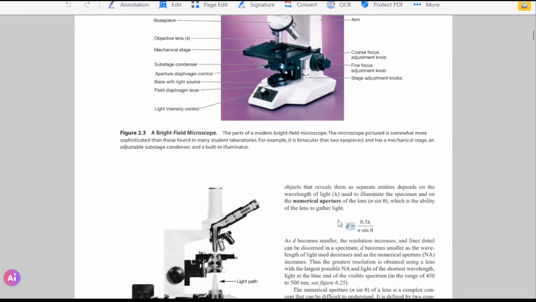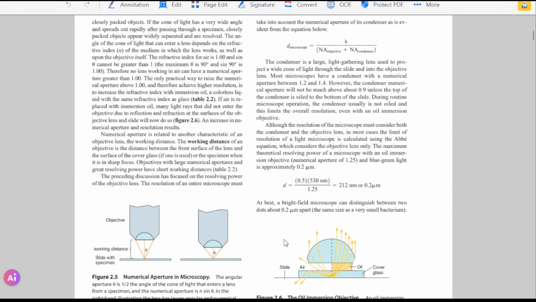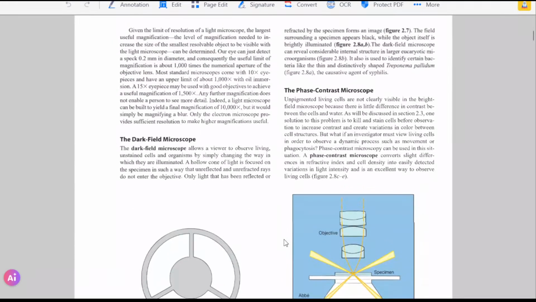This is for the distance. The lesser the distance is, the better we can see the object, meaning the better the resolution is, or the higher the numerical aperture is, the better it is for the resolution. And magnification without resolution is nothing.